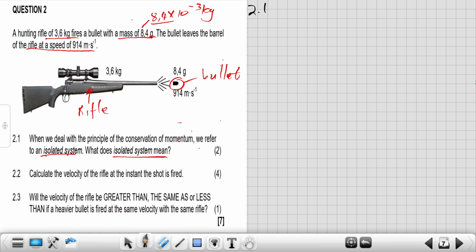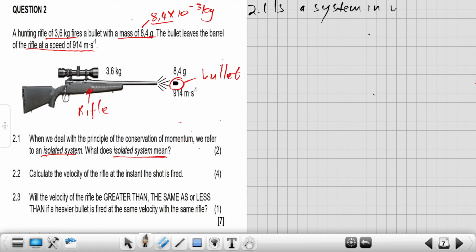And remember, don't use definitions from anywhere else. Kindly use definitions from the CAPS document, the exam guideline, or terms and definitions that have been provided to you.